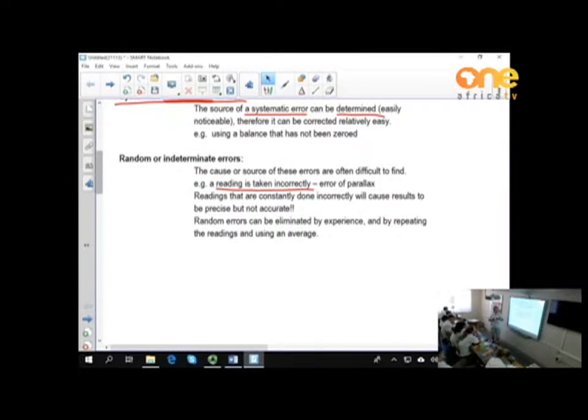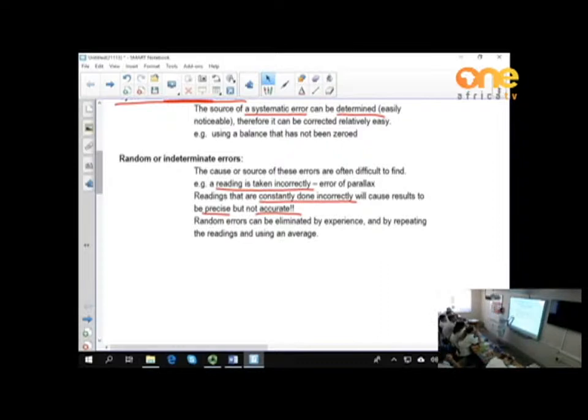But if you take a reading incorrectly now and your next reading you read correctly and the one after that is correct and the one after that is incorrect, it's going to be very difficult to get a decent set of readings. Okay, readings that are constantly done incorrectly will cause the result to be precise but not accurate. And I'll come back to precision and accuracy in a moment.